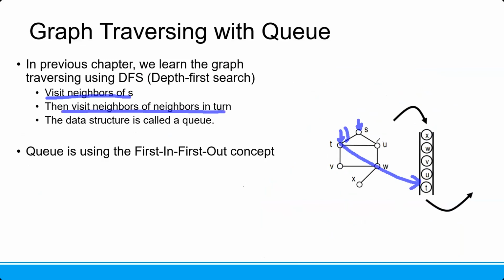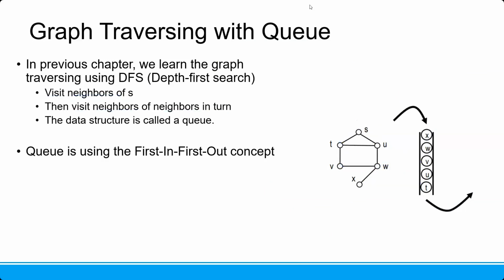For example, I visit U, and then for example, I visit V, I visit W, and then I visit X. Then you can apply graph traversing with a queue.